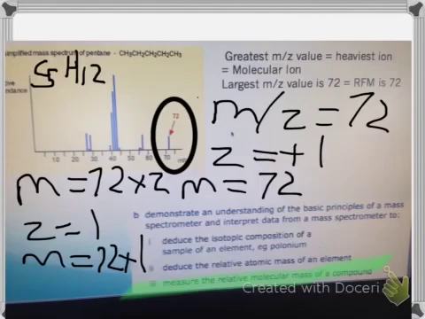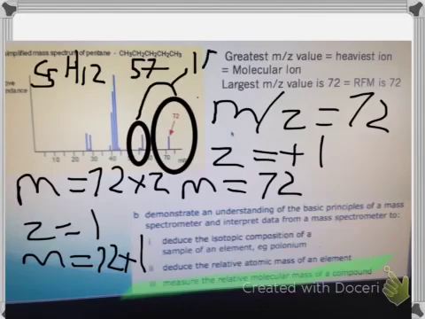We can also then look at the other peaks. I've got a second peak there at 57. So I've got a jump from 72 to 57, and I know that jump is worth 15.